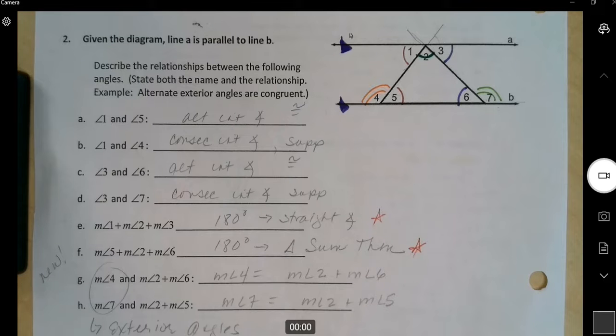If we have the measure of angle 5 plus the measure of angle 4 is equal to 180, the measure of angle 5 plus the measure of angle 2 plus the measure of angle 6 equals 180. Do you see that 4 has to be the same as 2 plus 6?